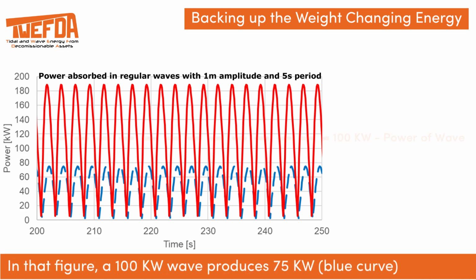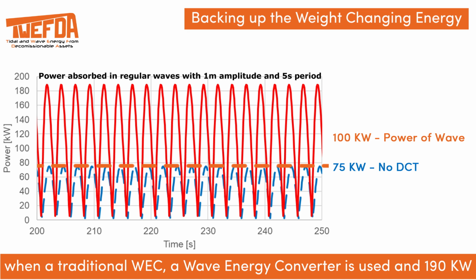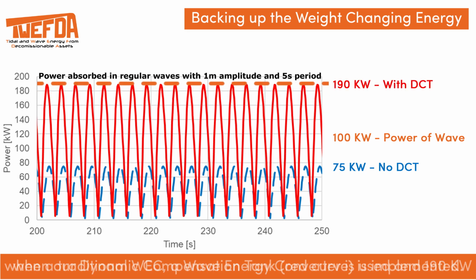In that figure, a 100 kilowatt wave produces 75 kilowatt blue curve when a traditional WEC, a wave energy converter, is used, and 190 kilowatt when our dynamic compensation tank, red curve, is implemented.